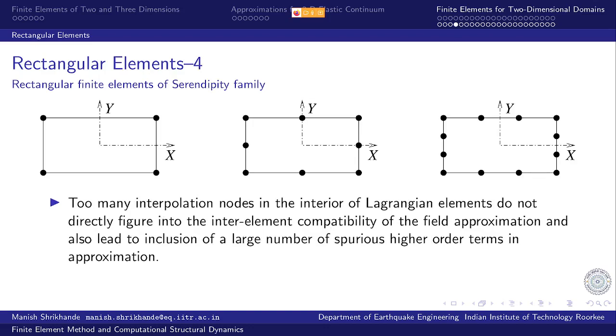So that led to the development of this serendipity family. Serendipity family is named after a folklore. It's not a folklore, it's a historical fact. The princes of a region called Serendip in Sri Lanka were often credited with making accidental discoveries, happy discoveries.